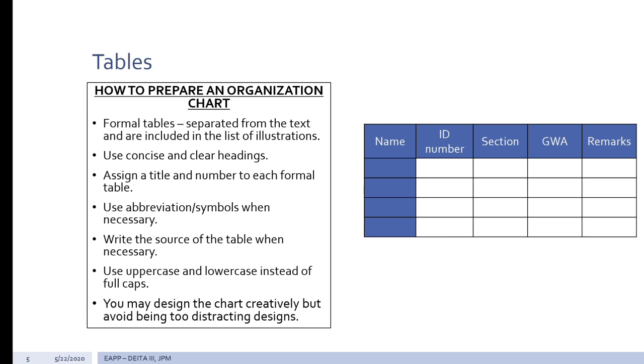Next, you need to read the details with the headings in mind. So let's picture out variables in this particular table. You see names of students, their ID numbers, their sections, GWA, and the remarks of the school.